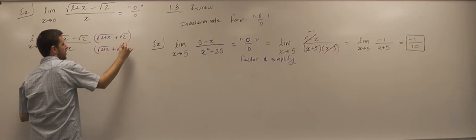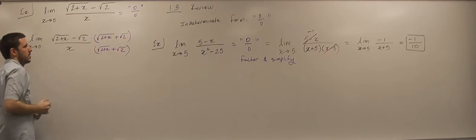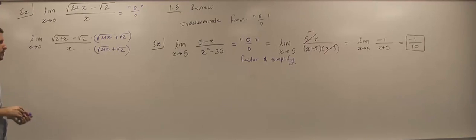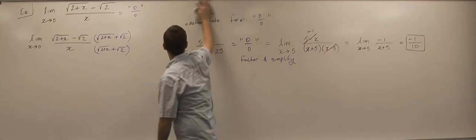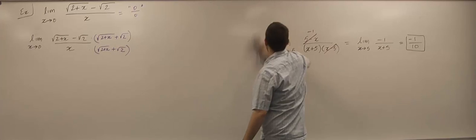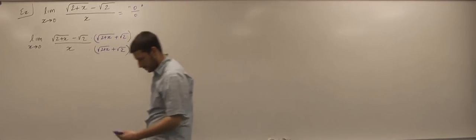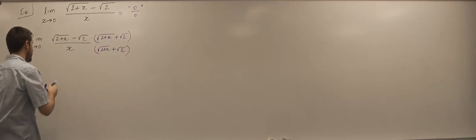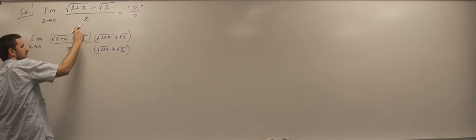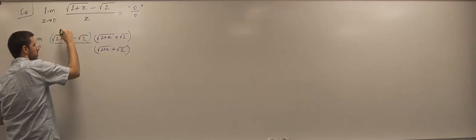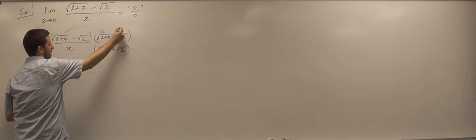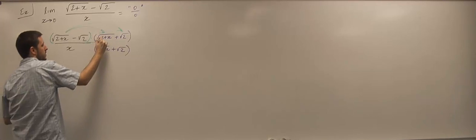That's what I multiply at the top and bottom. Now this whole binomial has to get multiplied by this whole binomial, so you have to distribute this guy to both of those, and this guy to both of those.